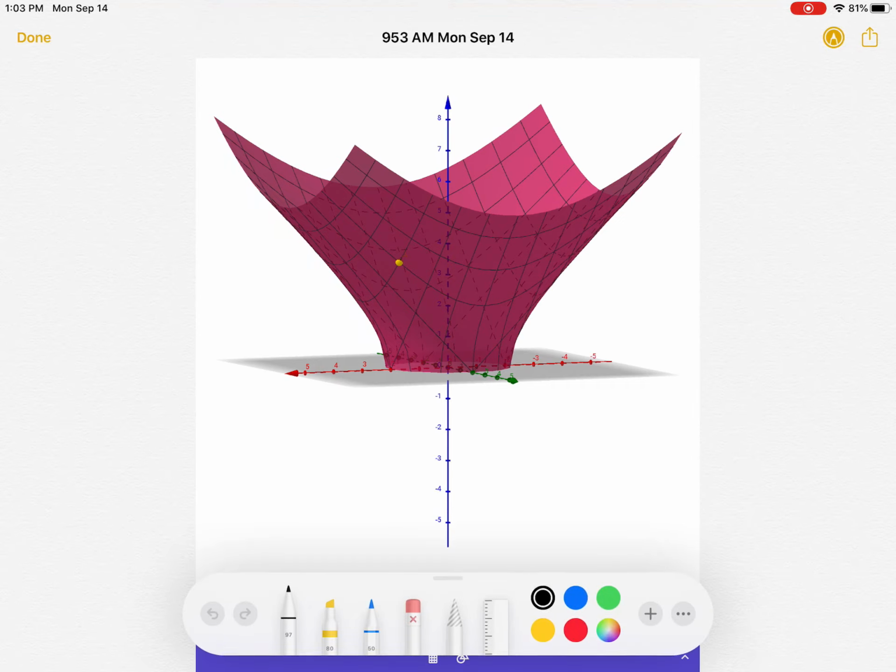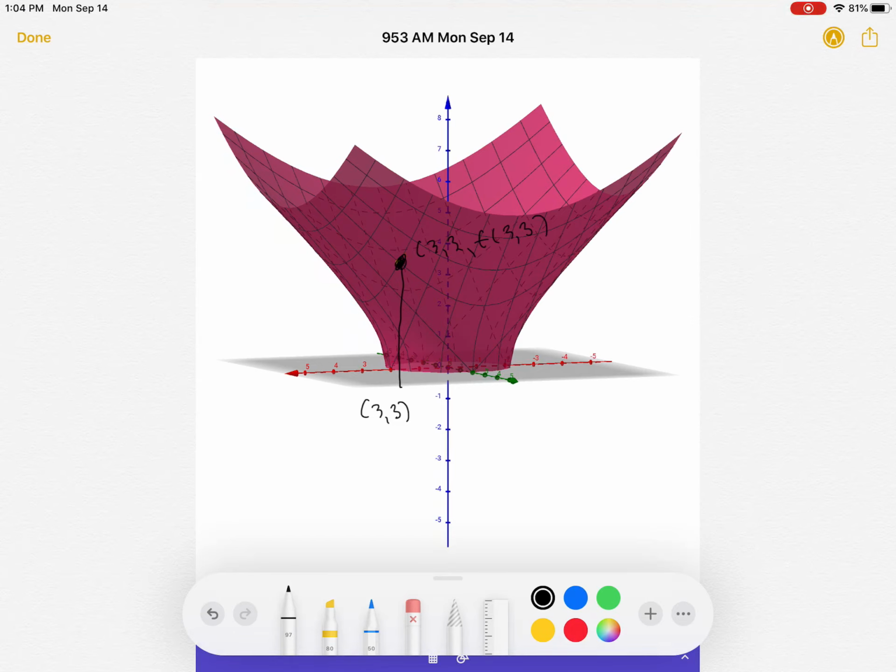Okay, so this point here, which I just filled in as yellow, is an output. It's actually the output of the point 3, 3. And so this is 3, 3, F of 3, 3. Okay, this point here.